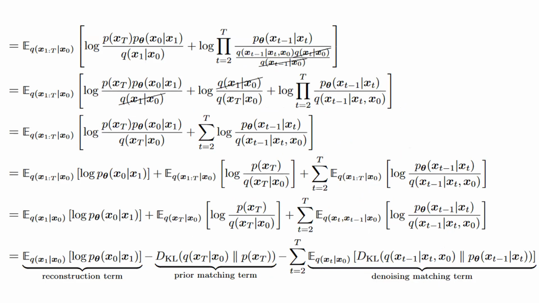In my logarithm of the product, I have to divide by q of xT given x0 divided by q of x1 given x0. So if I divide by the inverse of this fraction, then I have to multiply with this fraction. Now, this particular fraction doesn't depend on t from 2 to capital T, right?